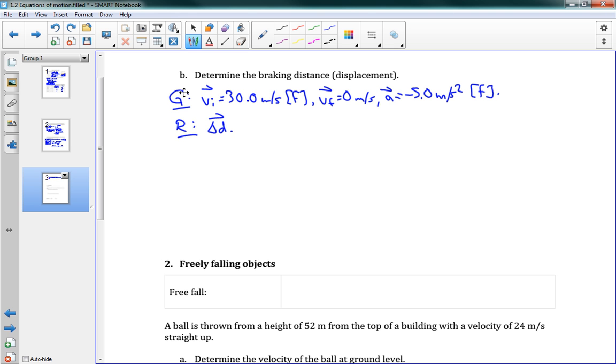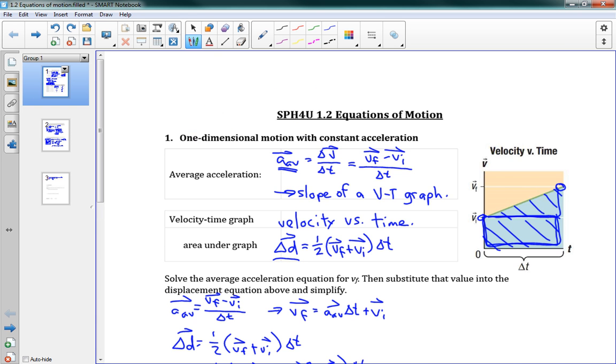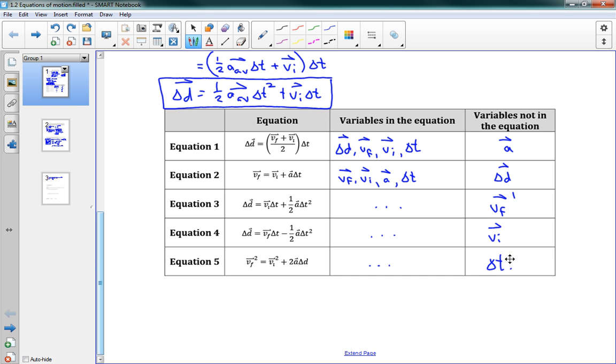Notice that I didn't list the value that we just calculated as part of my given. I'm going to avoid using that one because I might have done something wrong. It's always safer to use the values that were given to me in the problem if I can. And in this case I can, because I have an equation that doesn't have delta t in it. I'll go back to my first page. This one doesn't have delta t. That's the equation that I'll use.